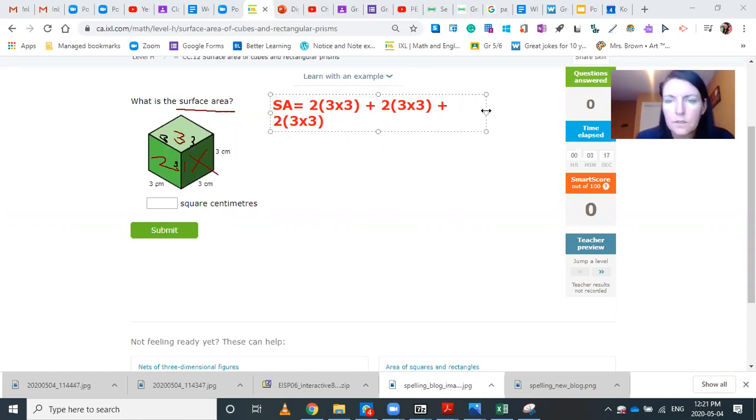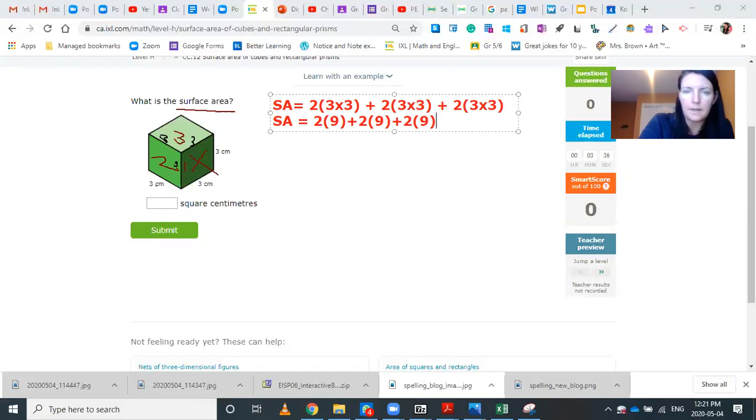All right. So it's a little bit of a long process to get the first part down, but once you've got that, you can just add them all together. We've got 3 times by 3 is 9. So we've got 2 times by 9, and we're adding 2 times by another 9, and 2 times by another 9. I've just taken this step and gone 3 times 3 and made that shortened form of 9. Now I can do each step 2 times by 9.